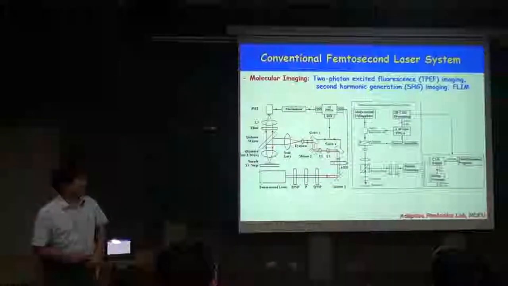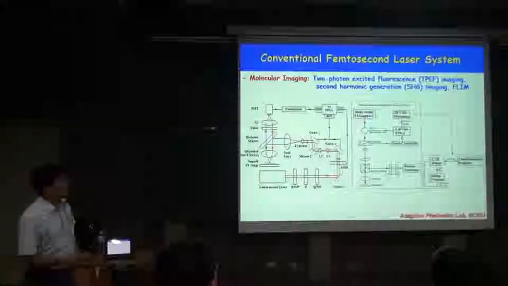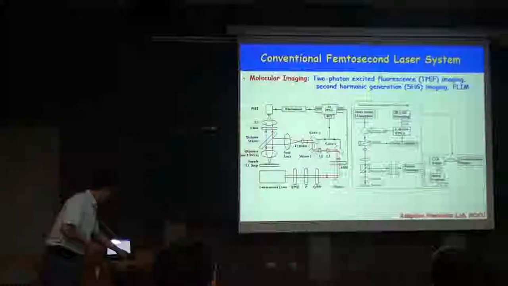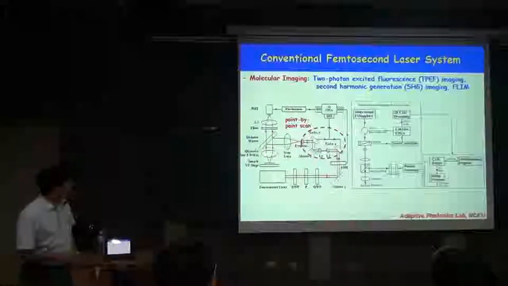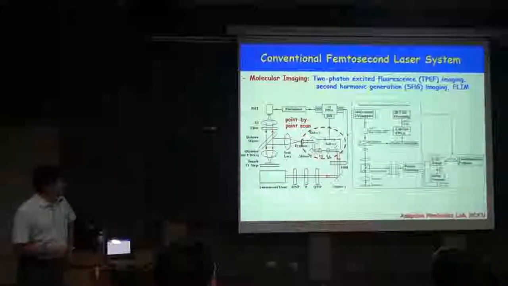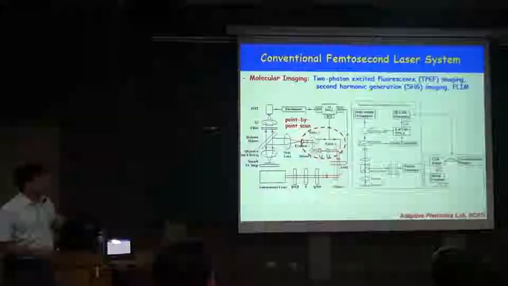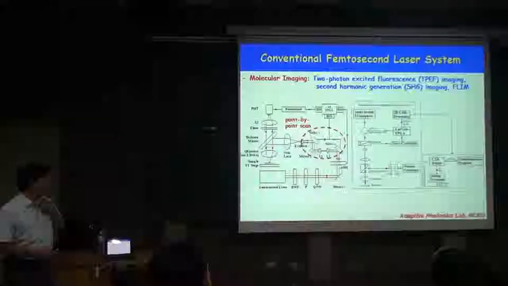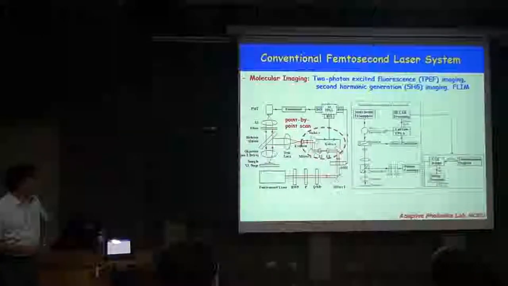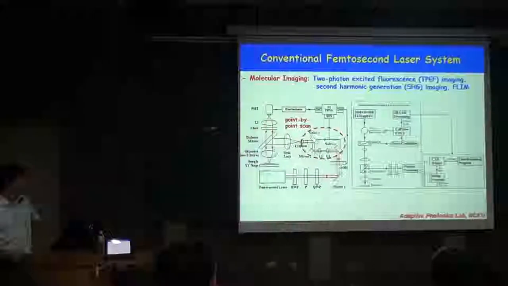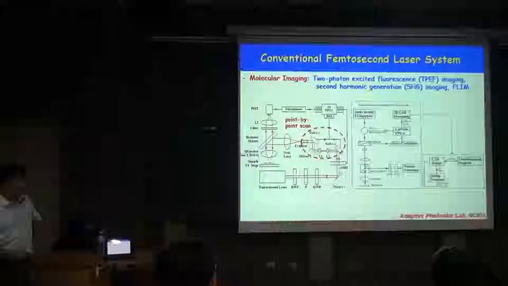Okay, this is a conventional femtosecond laser. As I just mentioned, you need to use the high NA objective, and you have the galvanometer to control the x-axis and the y-axis to scan point by point. Then you can get the 2D image.